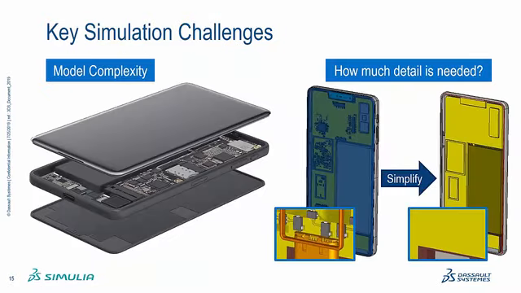In any case, one of the key simulation challenges at any frequency range when we're talking about these very compact devices is model complexity. An example of this is shown at the left, an exploded view of this phone with all the different components inside: the battery, the electronics, all the different devices like fingerprint sensors and cameras and haptics.